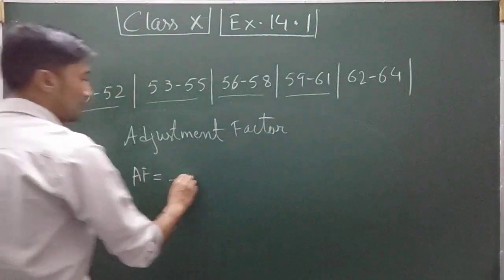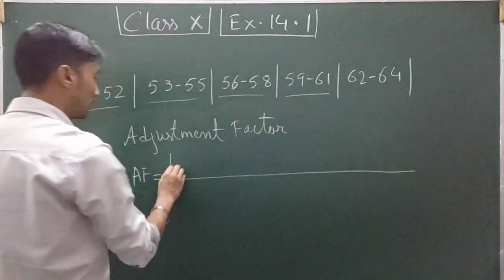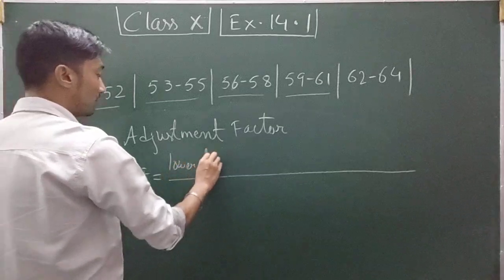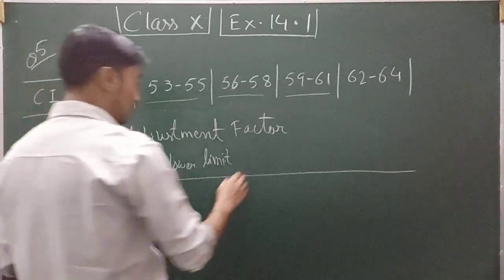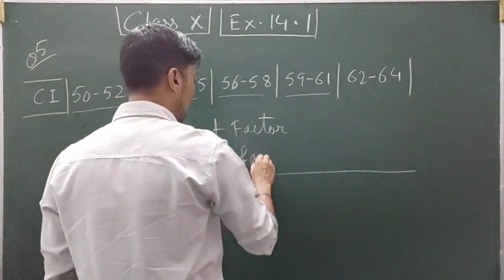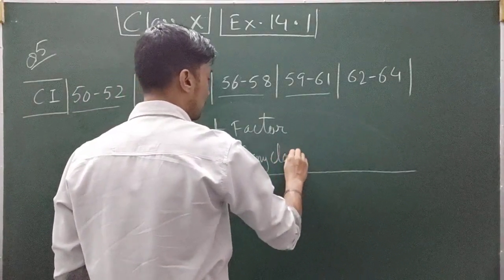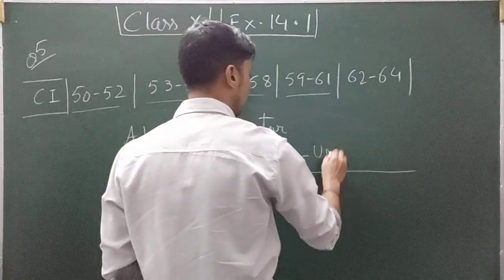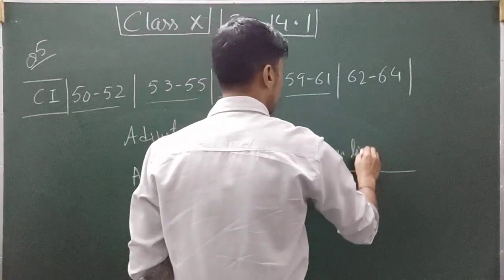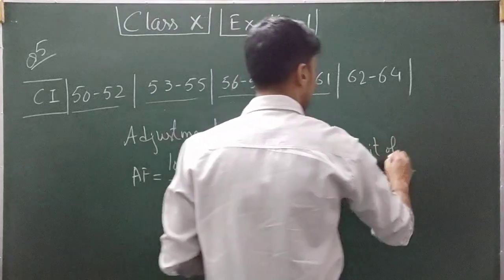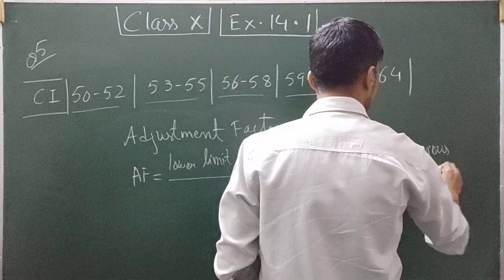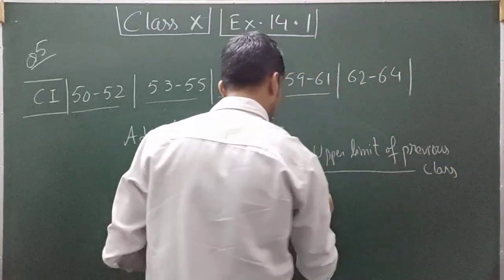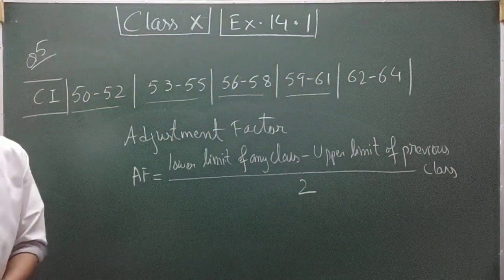Adjustment factor is actually: I hope you brought your pen, book, paper, everything. Please write it down. Lower limit of any class minus upper limit of the previous class, divided by 2.